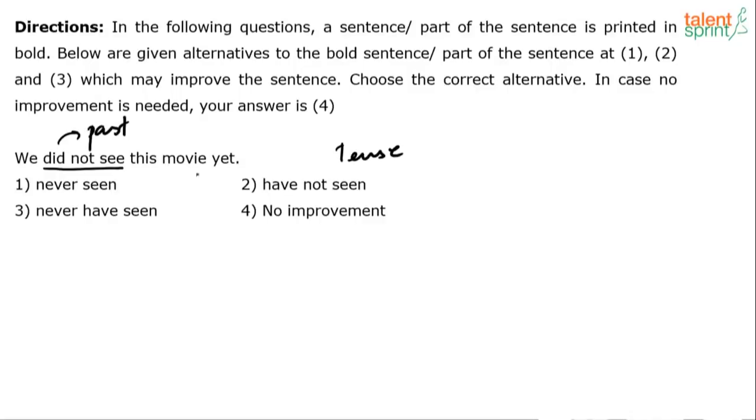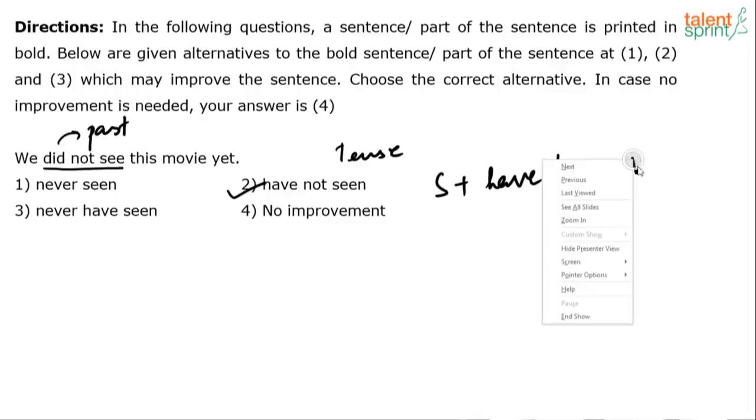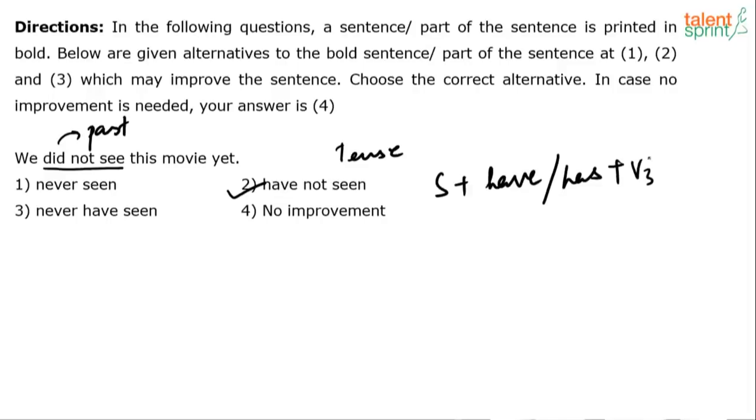So something that you have not done yet should be in present perfect form. Present perfect form, if you remember, has have or has. It has subject plus have or has plus past participle, which is the V3 form of the verb.